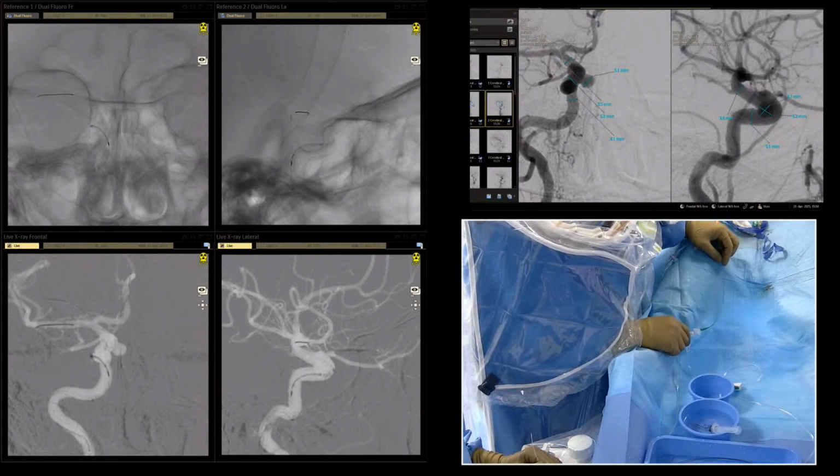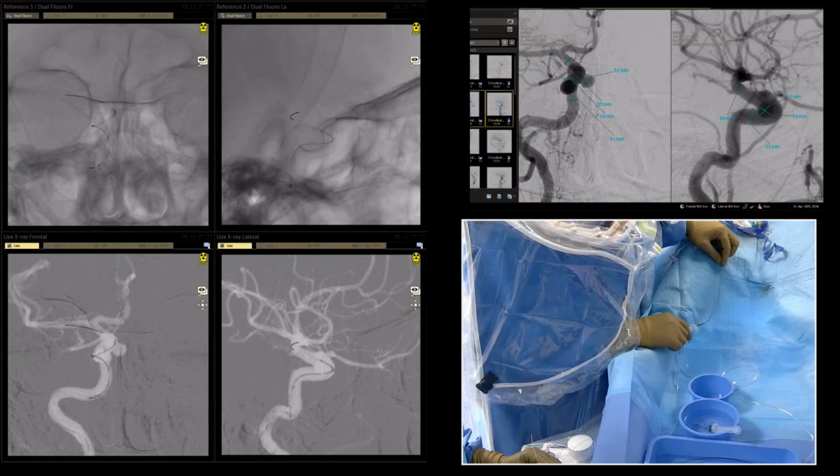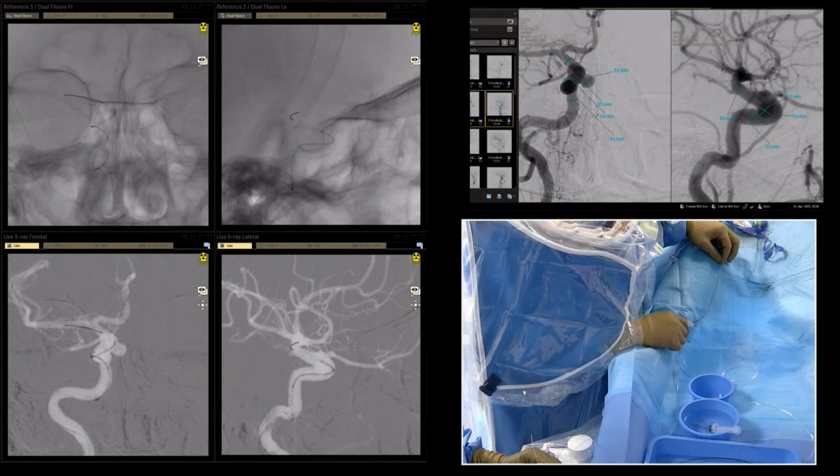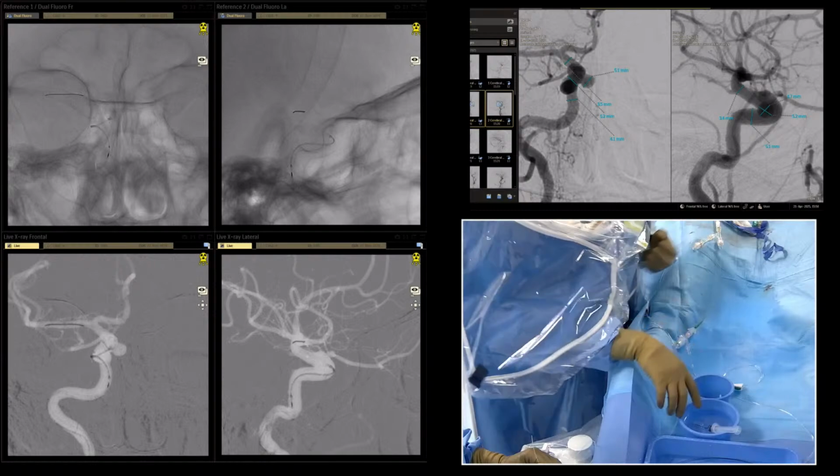Distal is not opened, but proximal is opened. Okay, now it's opened. But we don't need to cover the choroidal segment, that's why the plan is to start to open at the PCOM segment. Now I think we are at the PCOM segment.